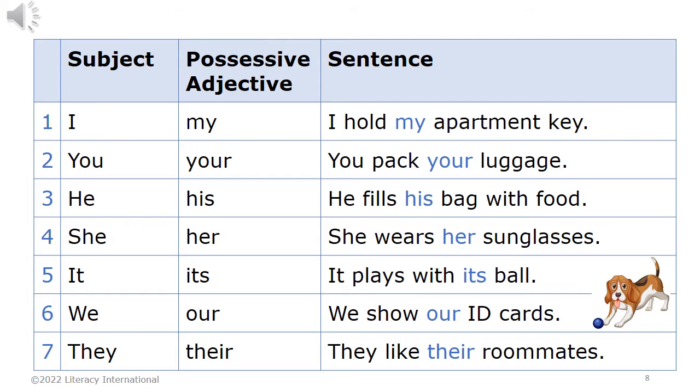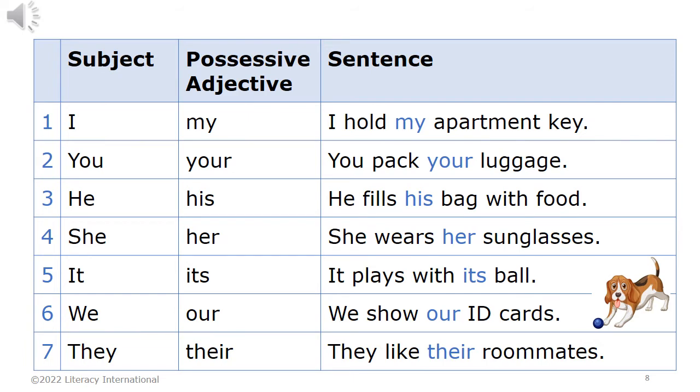Subject, possessive adjective, sentence. 1. I, my. I hold my apartment key. 2. You, your. You pack your luggage. 3. He, his. He fills his bag with food. 4.